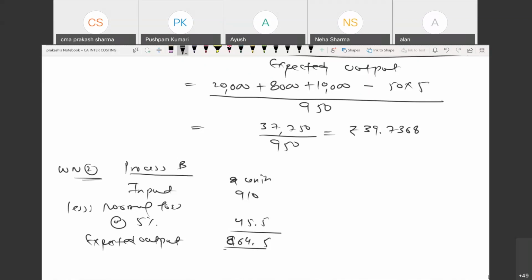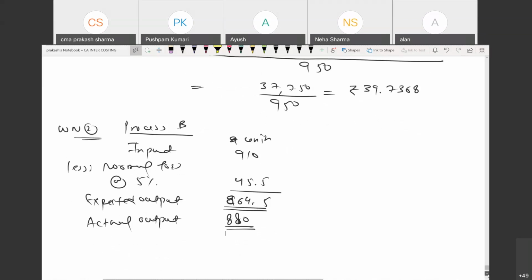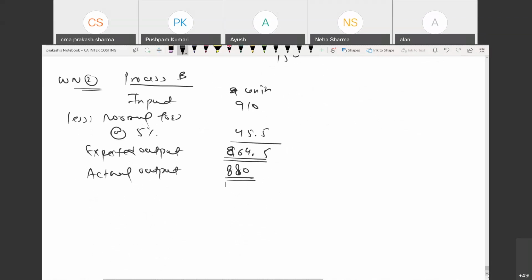Okay, sir. But our actual output is, I guess, 880 units. 880 units is our actual output. So what do we experience here? Here we get abnormal gain because our actual output exceeds our expected output.